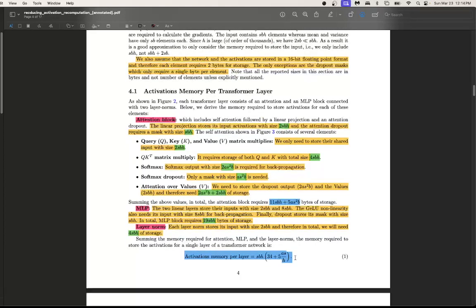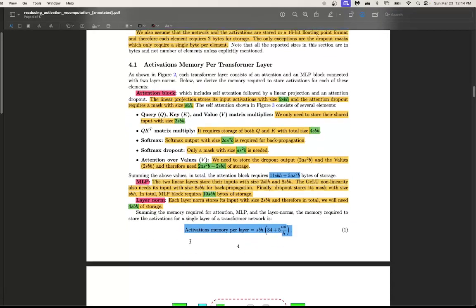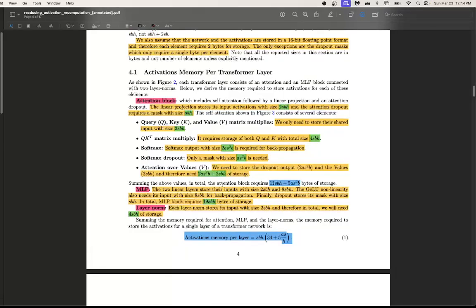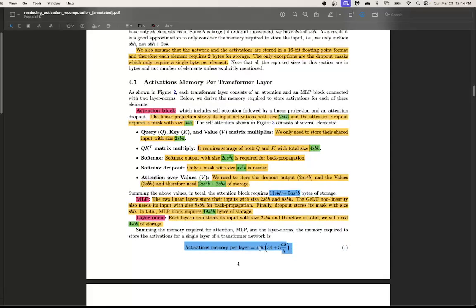This is the baseline which they will refer to in terms of memory usage. This is a little bit boring, but we should quickly go through it because it's important. They're going to constantly be referring to and revising this equation in this paper with each additional optimization they apply. So let's understand what these terms are.